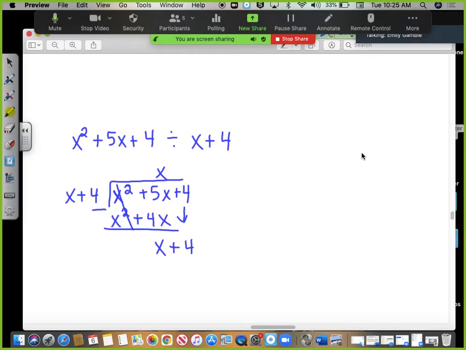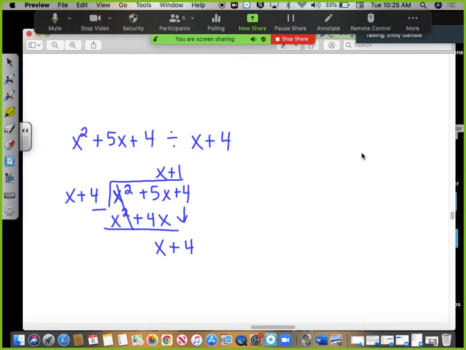All right, now that I have this, I have to think to myself, okay, how many times does x go into x? I know that's weird. 1. Or you can think x times what equals x, and it's 1. So we put a plus 1 up top.